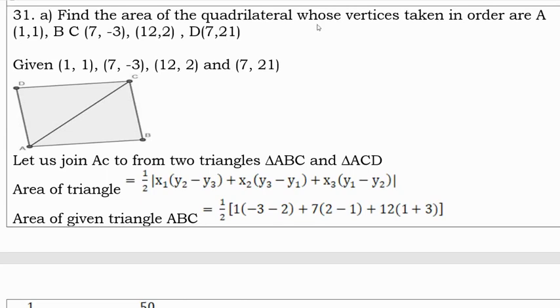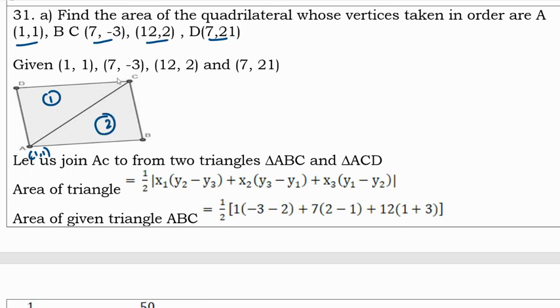Find the area of the quadrilateral whose vertices taken in order are A (1, 1), B (7, -3), C (12, 2), and D (7, 21). So we have to find the area of a quadrilateral. There is no specific formula in coordinate geometry for a quadrilateral, so we have to divide this quadrilateral into two parts, and we get two triangles.